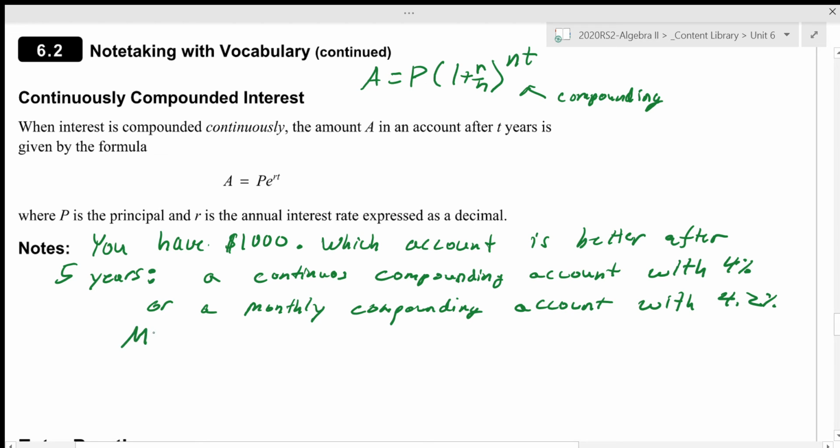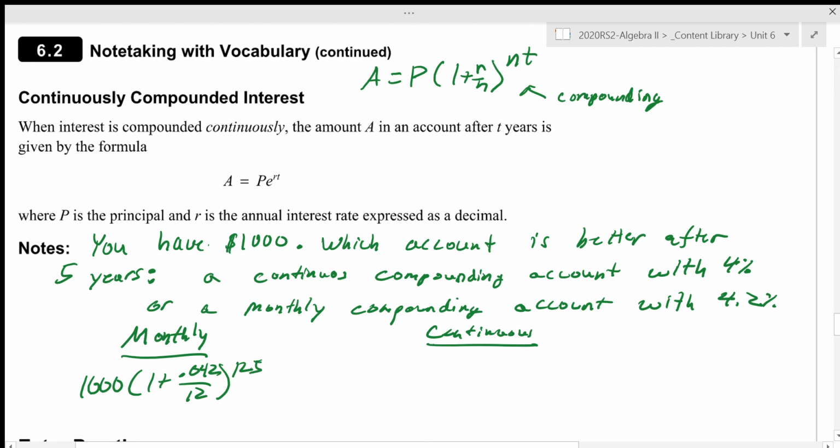Alright, so we're going to do two equations. We'll do one for the monthly and one for the continuous. So the monthly is what we did yesterday. That's just 1,000 times 1 plus 0.042 over 12 to the 12 times 5.